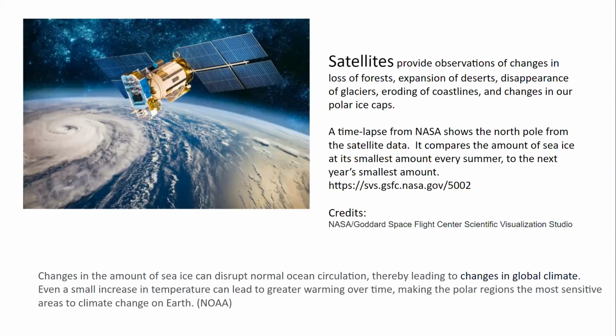Changes in the amount of sea ice can disrupt normal ocean circulation, thereby leading to changes in global climate. Even a small increase in temperature can lead to greater warming over time, making the polar regions the most sensitive areas to climate change on Earth.